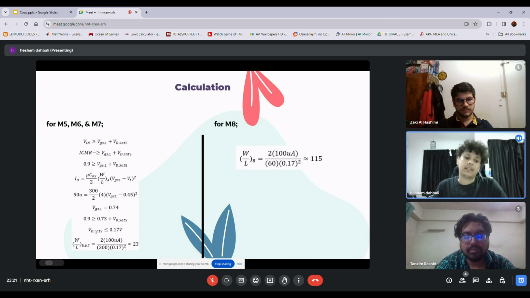From there, we got the drain saturation voltage for transistor number 5, and then from there we found the W over L. Similarly, M8 is similar, but we used mu p Cox instead of mu n Cox, and found it to be 115.